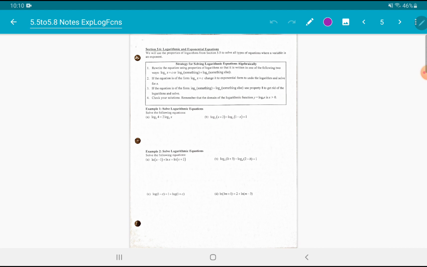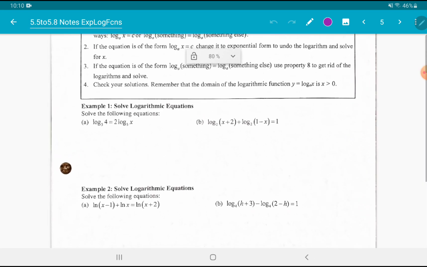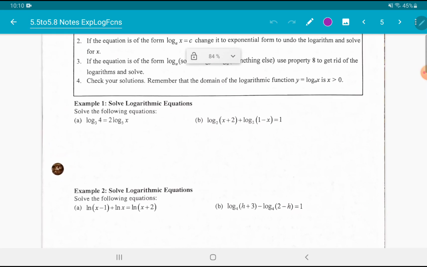As we take a look at letter A, we've got log base 3 of 4 equals 2 log base 3 of x. I know that the 2 can be brought up, so log base 3 of 4 equals log base 3 of x squared.